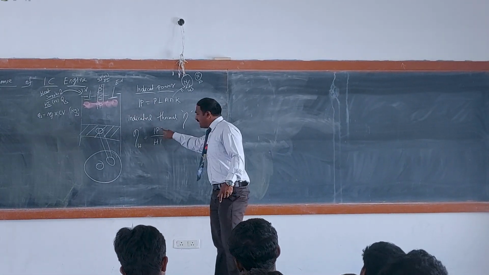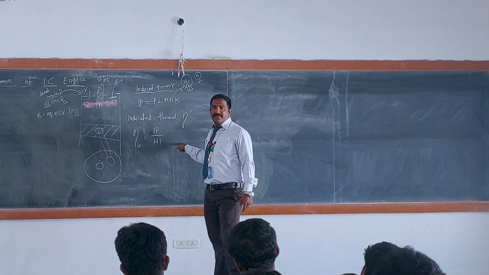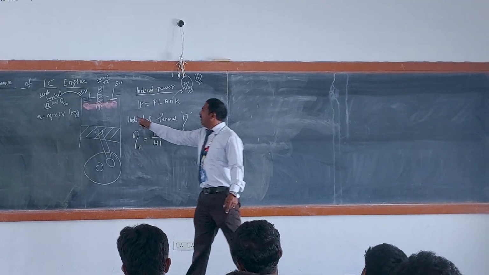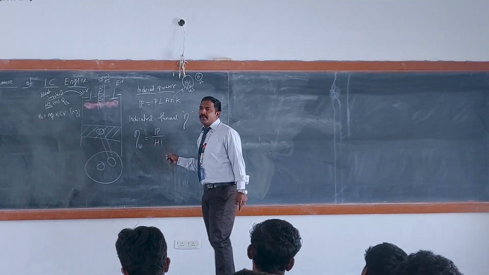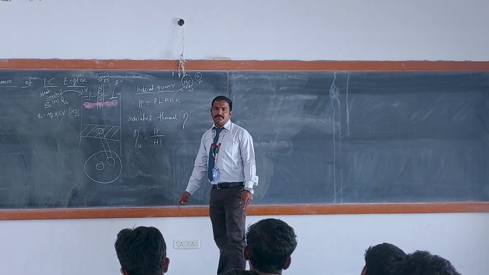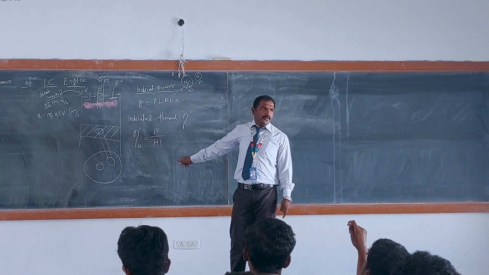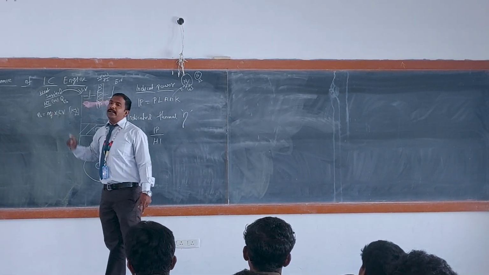If both are the same, 100%, but definitely it will not be 100%. If it is 700 kilojoule out of 1000 kilojoule, it is 70%. Okay. So we are now dealing only with heat input and power.